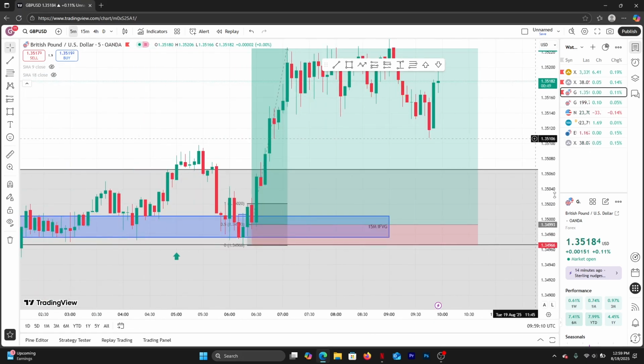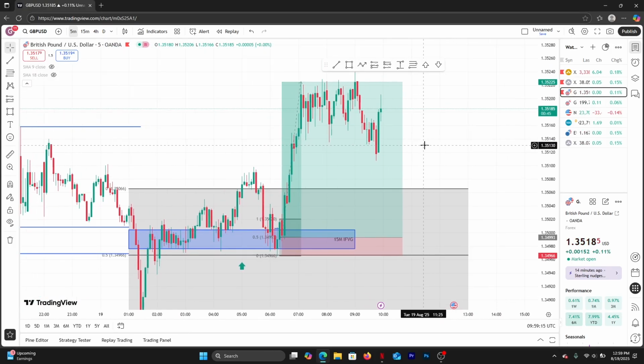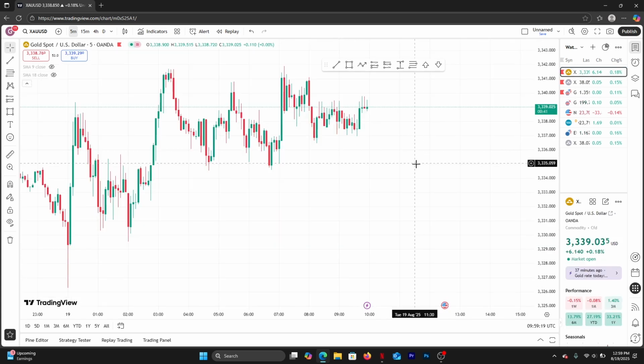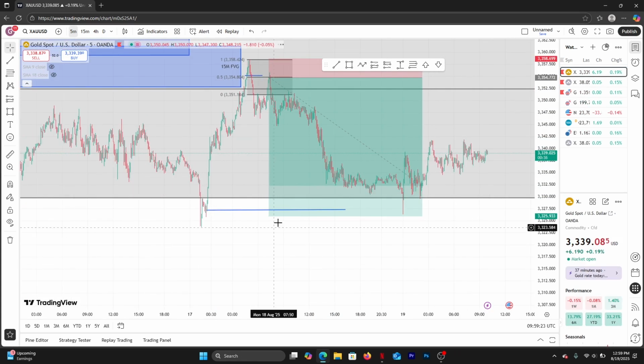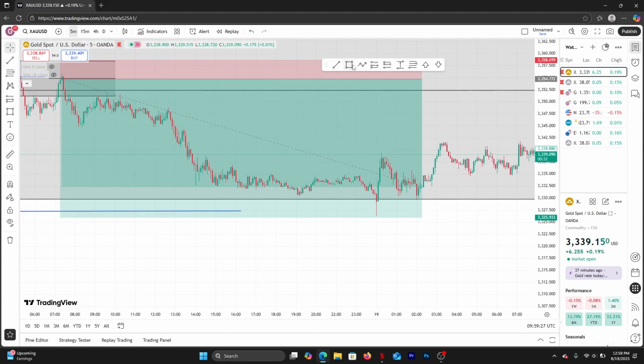Those are the reviews for trades I took for the setups I saw yesterday and today. Gold was yesterday. You can see this gave us up to, let me mark the new day open. New day open was at around this area.